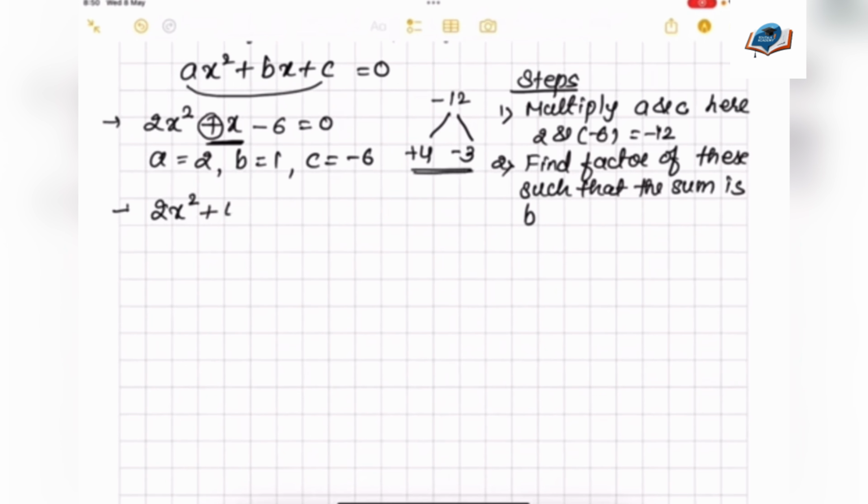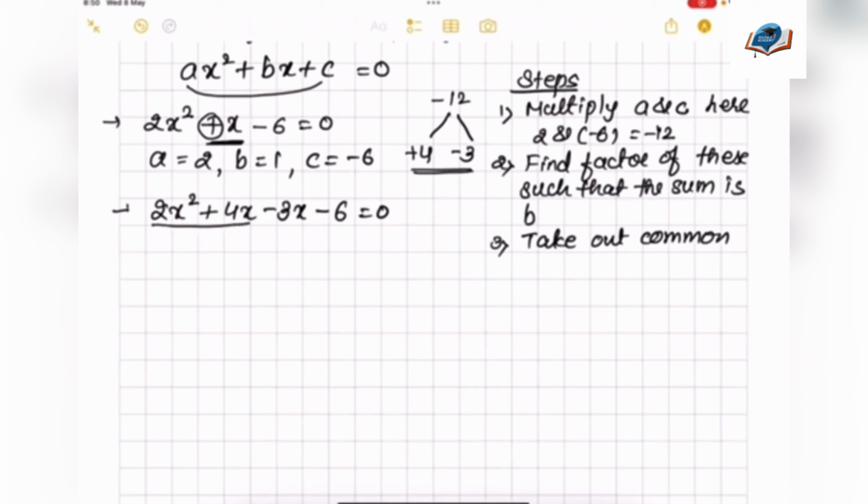Now the third step is taking common out. From the first two terms I am taking 2x common, so 2x into x plus 2.